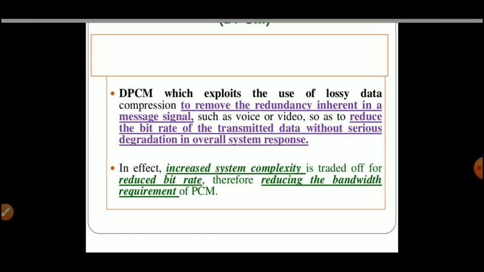DPCM exploits the use of lossy data compression to remove redundancy inherent in a message signal, such as voice or video, so as to reduce the bit rate of the transmitted data without serious degradation in overall system response. In effect, increased system complexity is a trade-off for a reduced bit rate, therefore reducing the bandwidth requirement of the PCM.